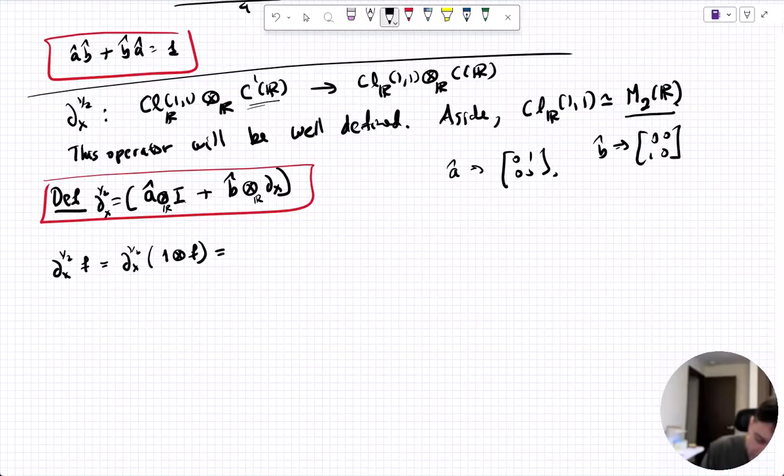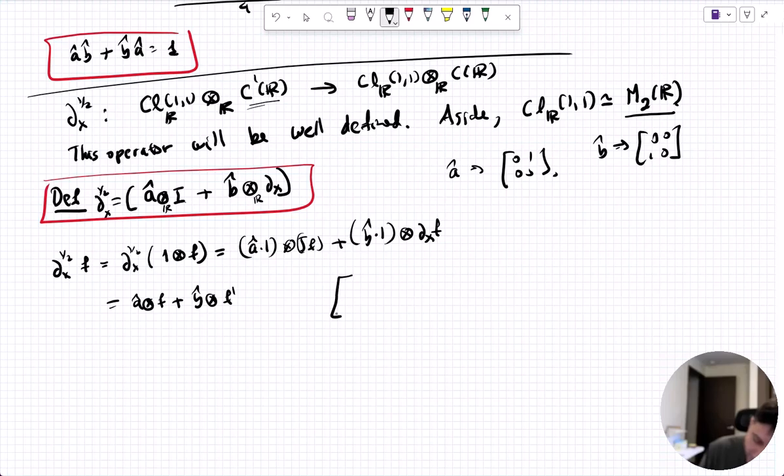So this is going to be equal to A hat times 1, tensor the identity acting on the function, plus B hat acting on 1 times 1 in the Clifford algebra, tensor the derivative of the function, from which we get A tensor f plus B tensor f prime. In matrix notation, this is equal to the column (f of x, f prime of x), basically.